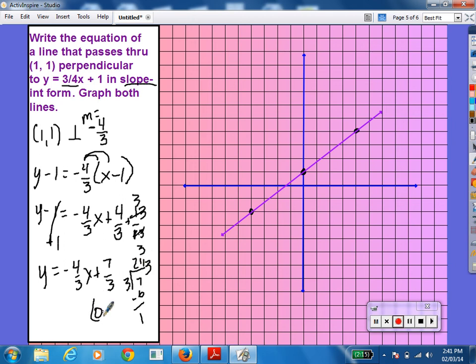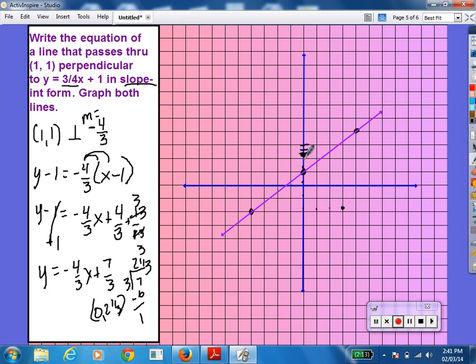So our y-intercept is (0, 2 and 1/3), and our slope is -4/3. So we're going to go up 2. And we're going to split this into thirds. So there's 1/3, 2/3, 3/3. So 2 and 1/3. And we're going to fall 4 because it's a negative slope. So from here, we're going to go down to this and this and this and this and right 3: 1, 2, 3.